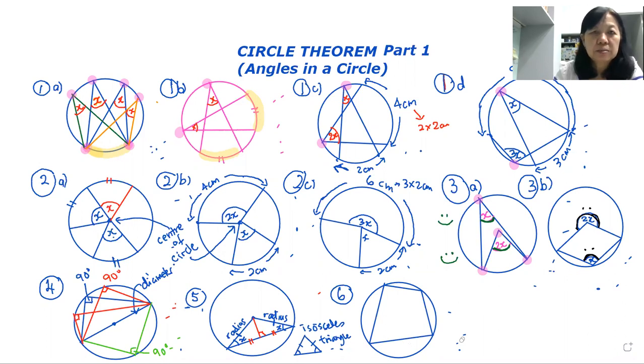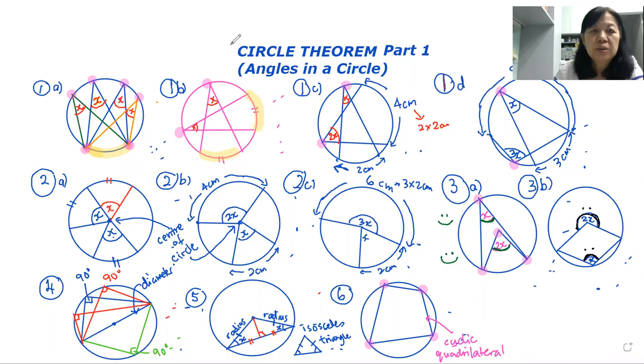The 4 sides must have vertices formed at the circumference. Every one of the vertices formed at the circumference. So this is called a cyclic quadrilateral.